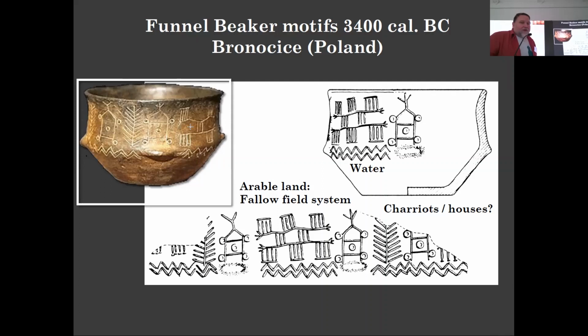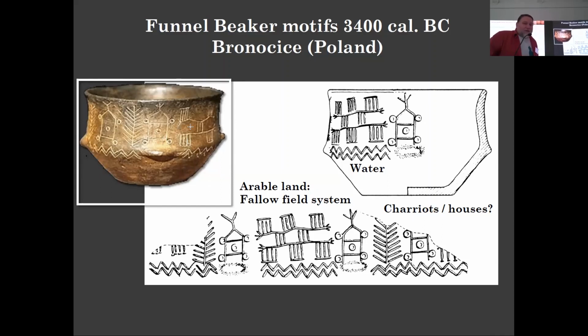This is one of the fascinating discoveries of the vessel from Brnočice, the funnel beaker exemplar, which shows very specific motifs that we know even later during the bell beaker period, but also in many different times of prehistory.